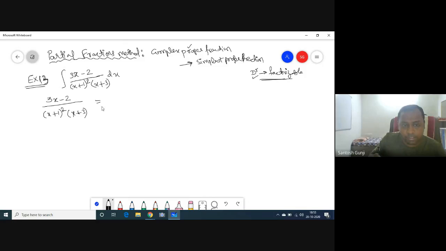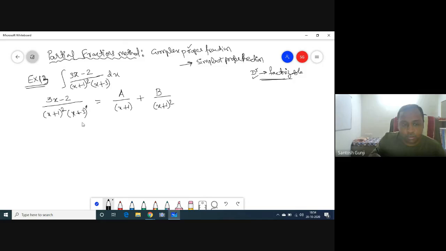Now I am going to split this fraction into some parts. How many parts am I going to get? If you count the factors, there are a total of 3 factors: (x plus 1) the whole square is considered as 2 factors and (x plus 3) power 1. So the first fraction is A upon (x plus 1), then plus B upon (x plus 1) the whole square.